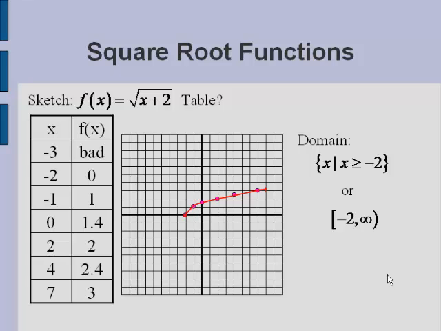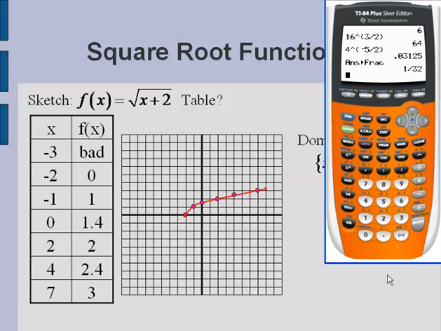Let's go ahead and use our calculator real quick to verify this graph. Going to our y equals screen, second, square root, x variable plus 2, close the quantity, and let's look at this on the standard window.